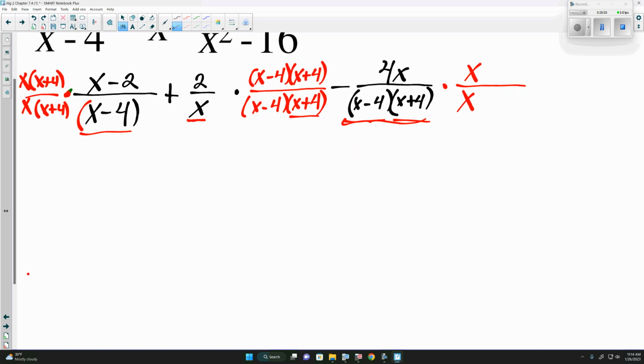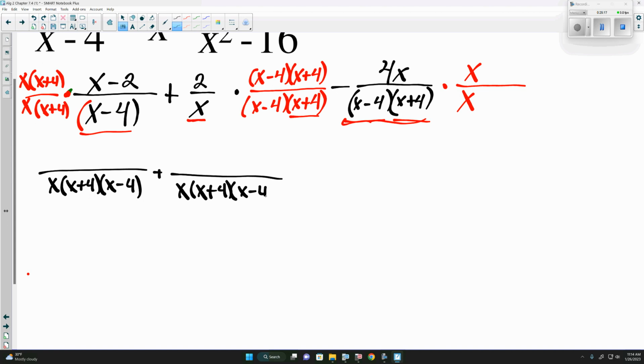So all three denominators are going to be x times x plus 4 and x minus 4. The middle one is going to be x times x plus 4 times x minus 4. And the last one's going to be x times x plus 4 times x minus 4.